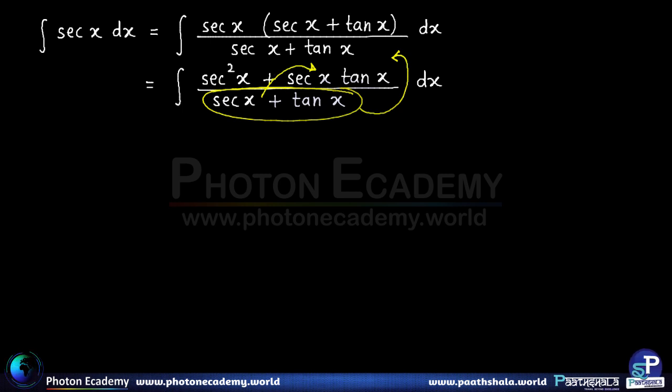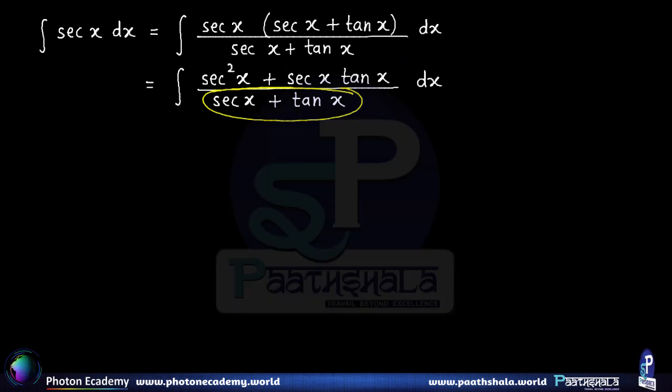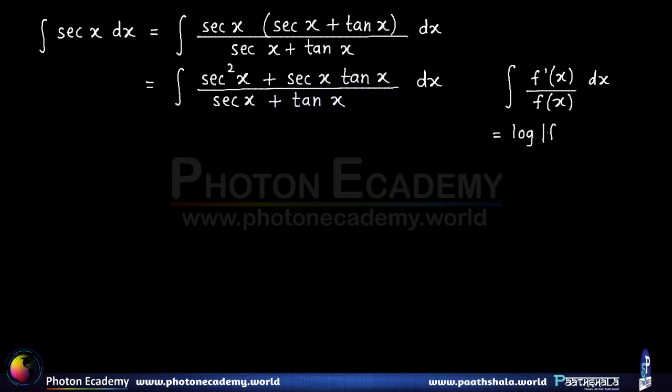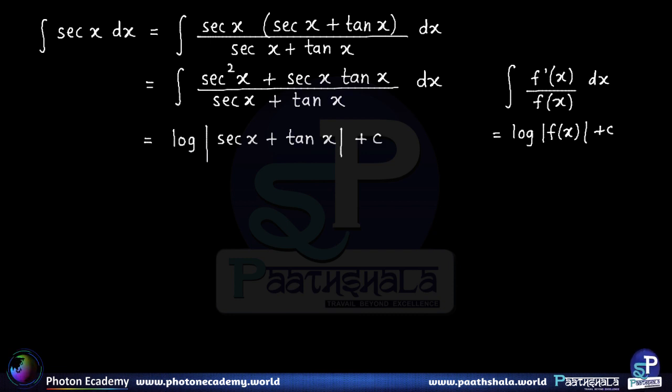So interestingly, the numerator is the derivative of the denominator, and therefore this resembles the integral of the form f dash of x upon f of x dx, whose answer is log of f of x plus c. So here we get the answer as log of mod of sec x plus tan x plus c. Therefore this is the answer of the required integral.